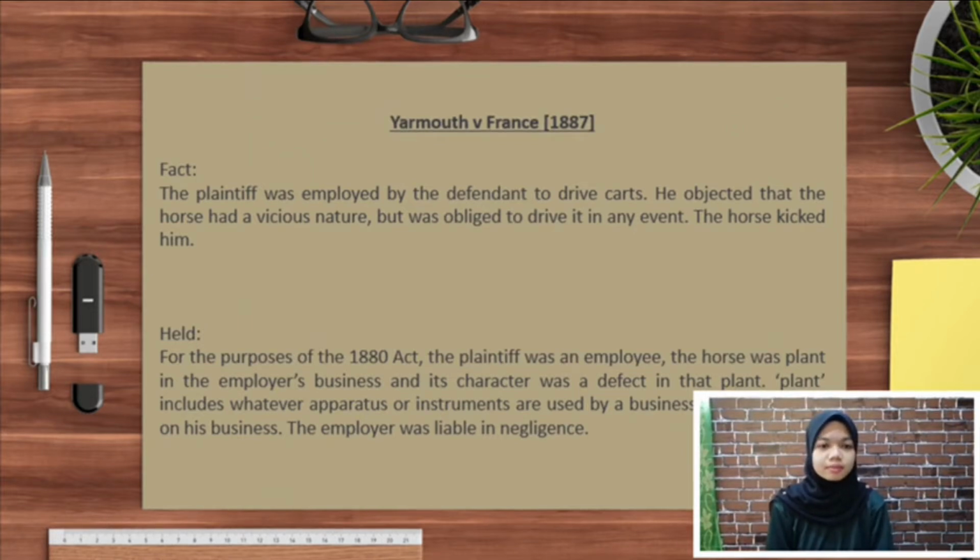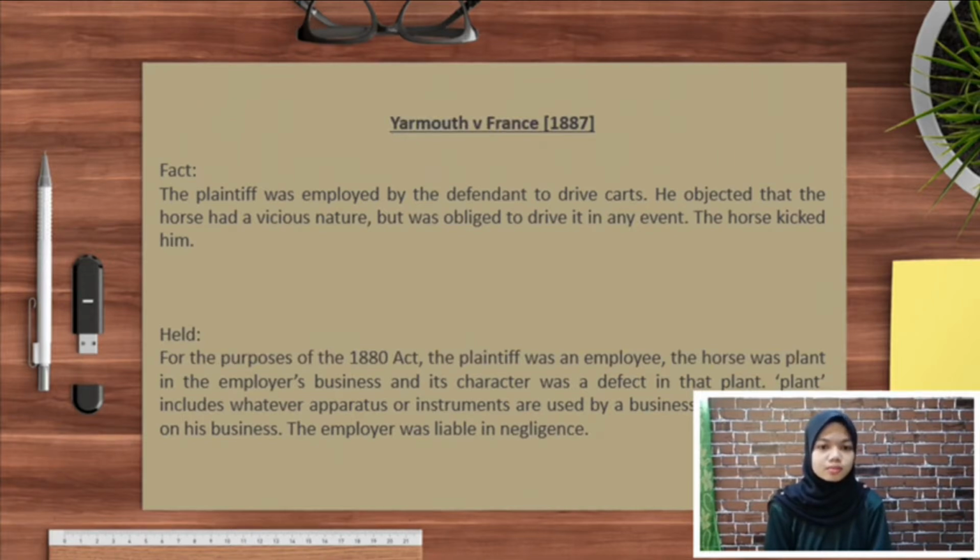It was held, for the purpose of the 1880 Act, the plaintiff was an employee. The horse was plant in the employer's business and its character was a defect in that plant. So plant includes whatever apparatus or instruments are used by a businessman in carrying on his business. So the employer was liable in negligence.